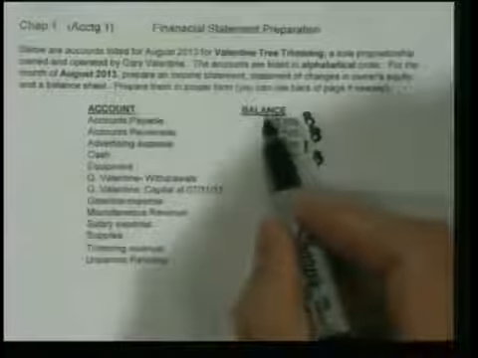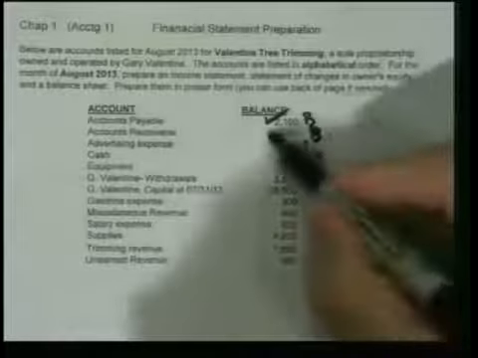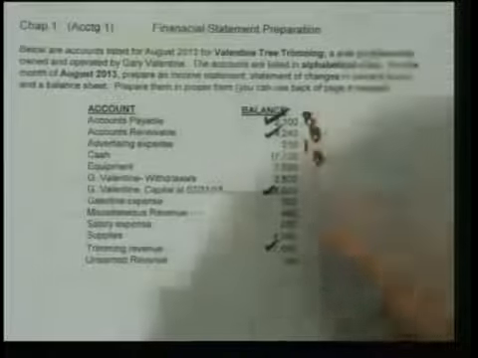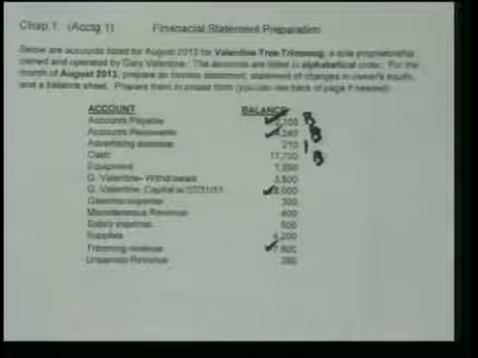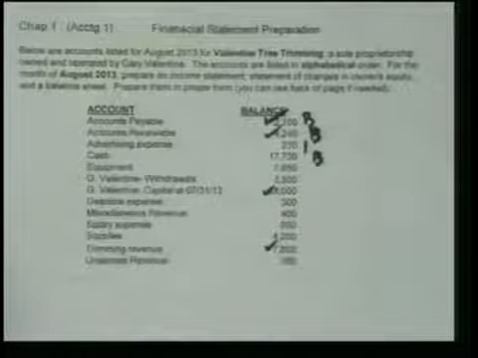And then did you check them off as you used them? As you put them on a statement, check them off. That way at the very end you can make sure that all of the numbers have been put somewhere, okay? All right, so if you don't do it that way, a lot of times people will forget to put an account. Okay, good.